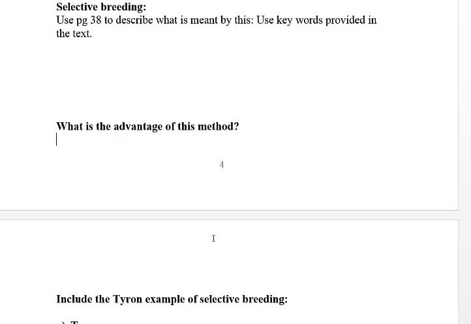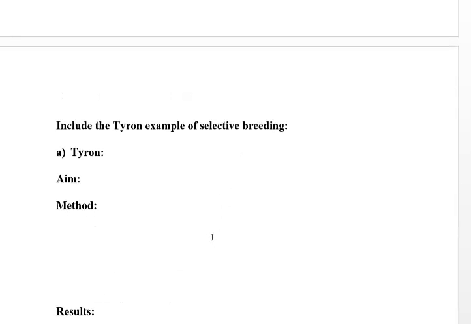So you can manipulate their environment. You can give them exactly the same environment. If you keep a rat in a box or whatever it is, you've got exactly the same environment. It's nicely controlled, and therefore all you're changing is the genes. Basically, you're just breeding for that particular gene. So lovely bit of control. Right, this study is very worth having. We're going to use this in year 13 as well.